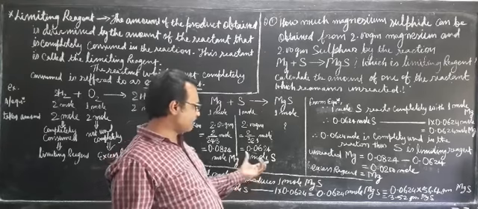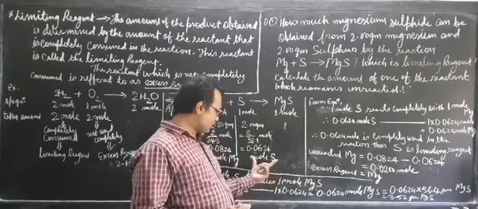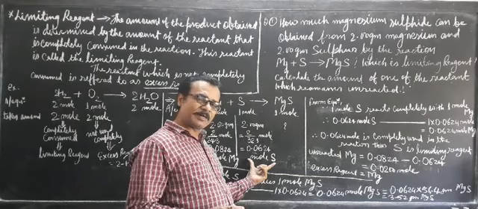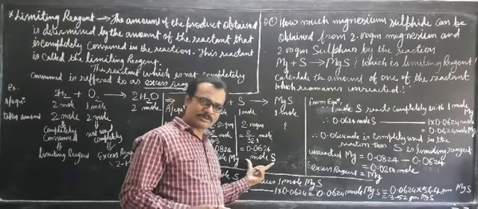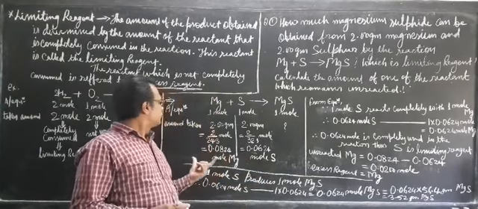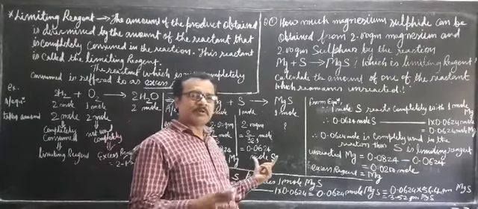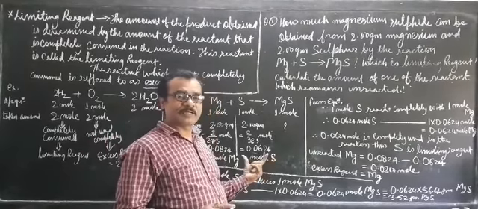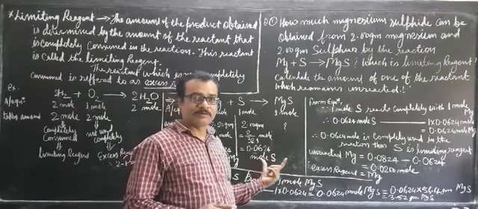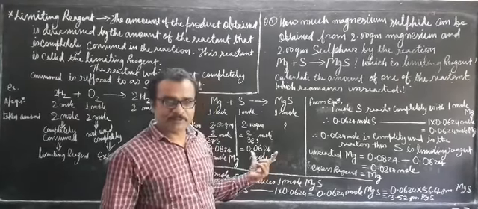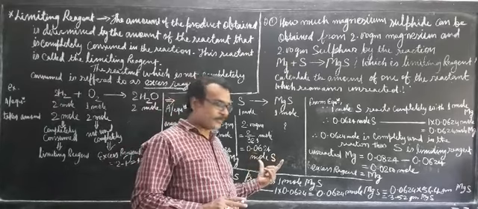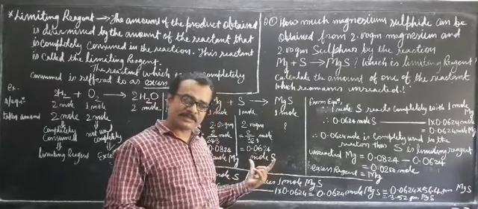So that is why sulfur is a limiting reagent, because due to the consumption of sulfur, the reaction got stopped. Still the amount of magnesium is available for the reaction, but the amount of sulfur is not available. Magnesium requires still more quantity of sulfur, but sulfur is not available now. So who stops the reaction?